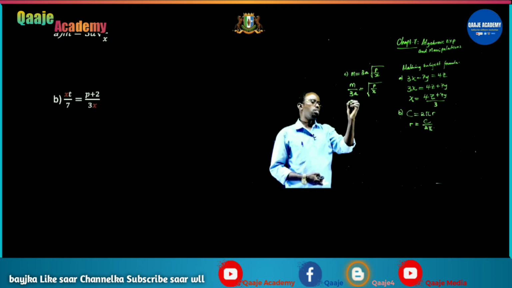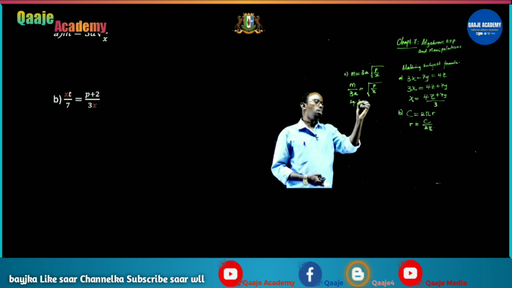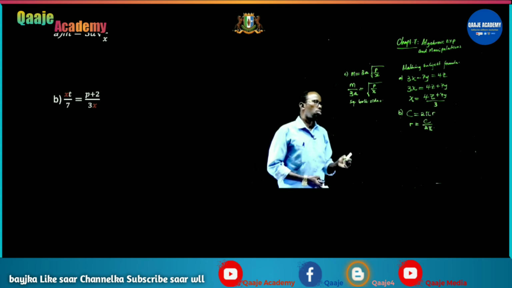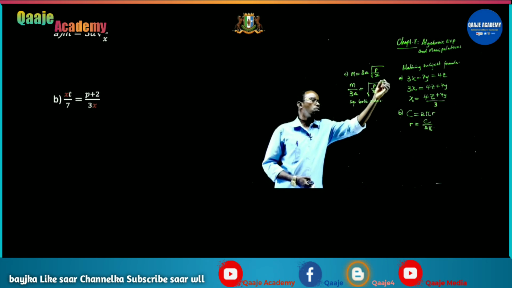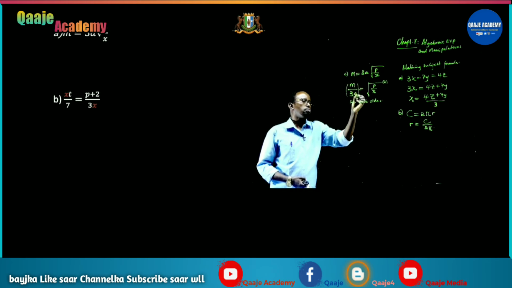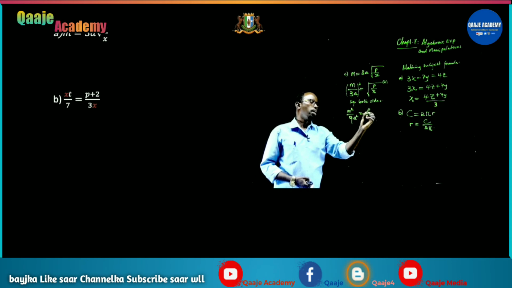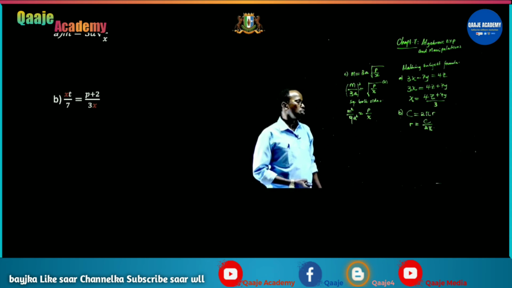You square both sides. So if you square this one, you must also square this one. So this will be M squared divided by 9A squared is equal to P divided by X. And then we cross multiply.